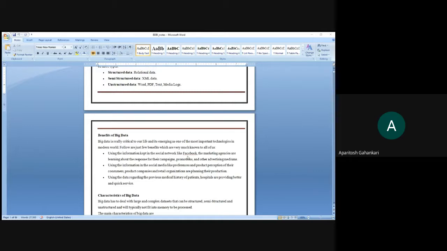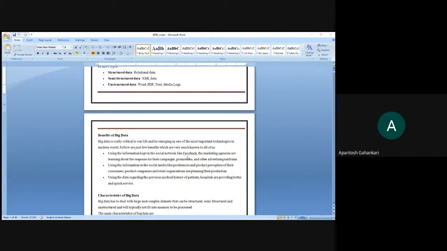Then you are using the information in social media for preferences and product perception of the customer, and for planning regarding production, what kind of products are really required in the market. All these things can be easily found out with the help of this big data analytics.